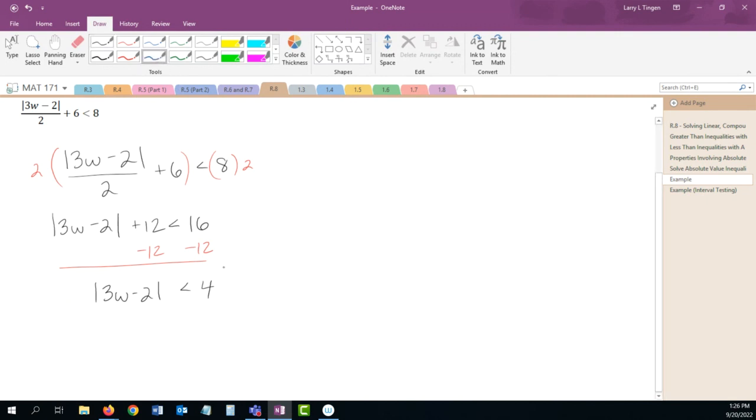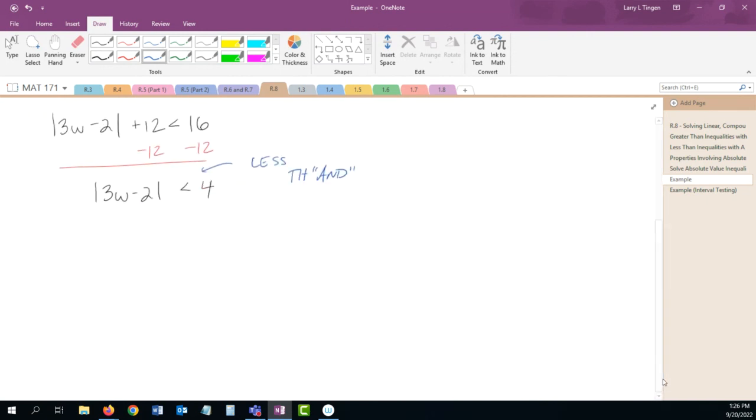So what am I looking at? This is the less than, right? If it's a less than, it means whatever's inside the absolute value is bounded or trapped between whatever it's less than and the opposite sign of the right-hand side.